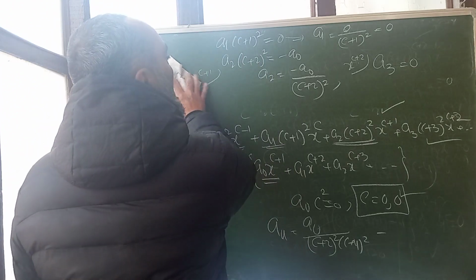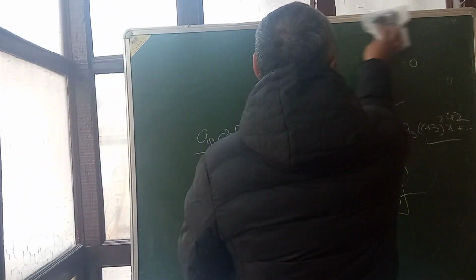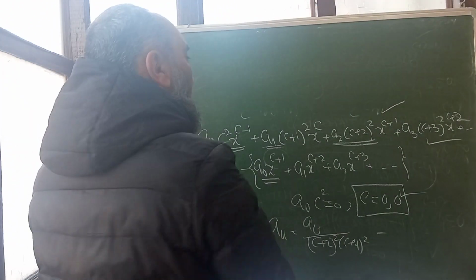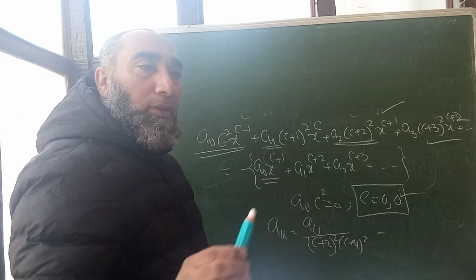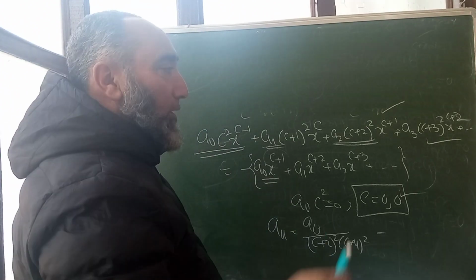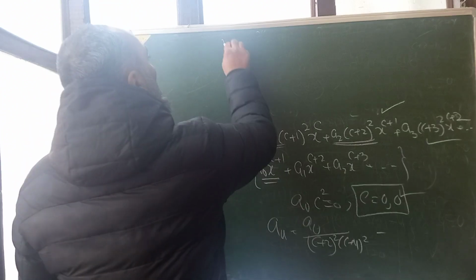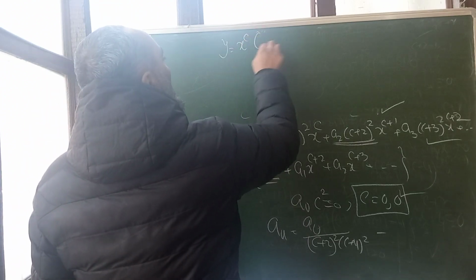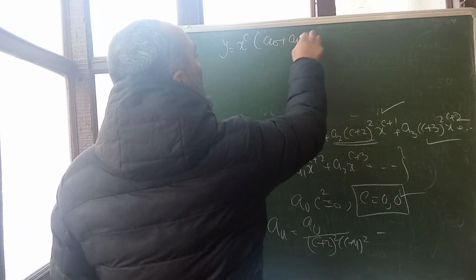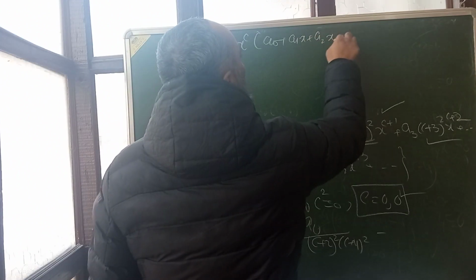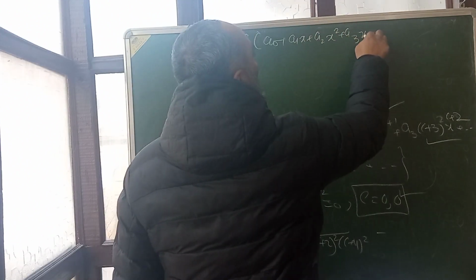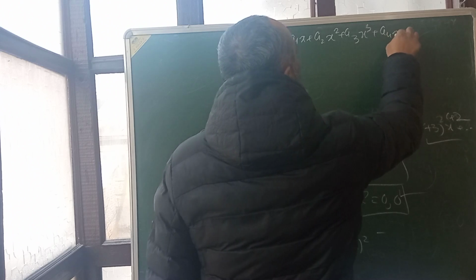If you want me to do it, let me do it one more time, and then we will be taking 2 more cases in the next one, because it will be huge. Your Y is x raised to power C times (A0, A1x, A2x square, A3x cube, A4x to the 4, and so on).